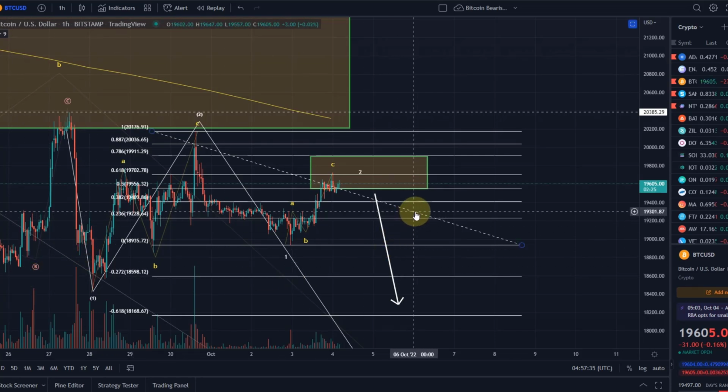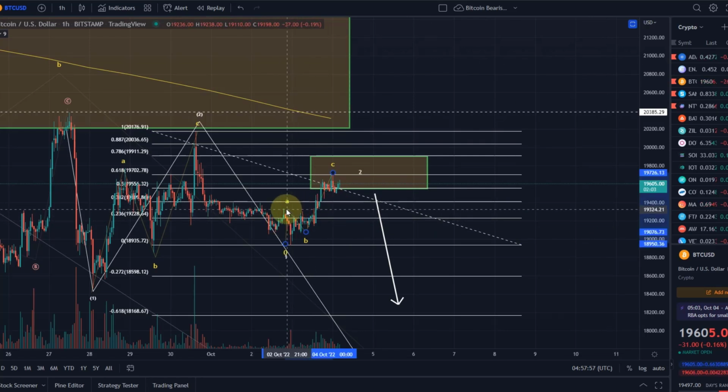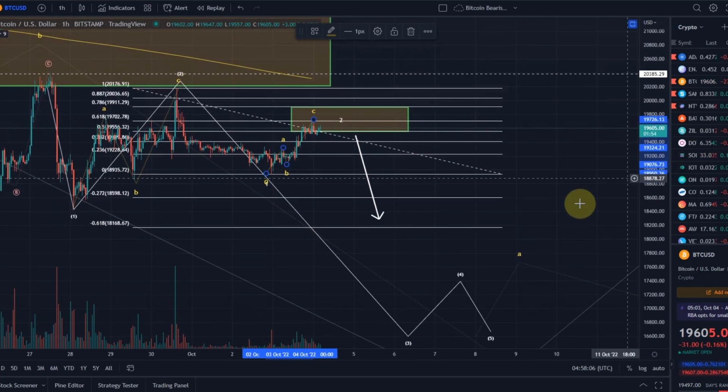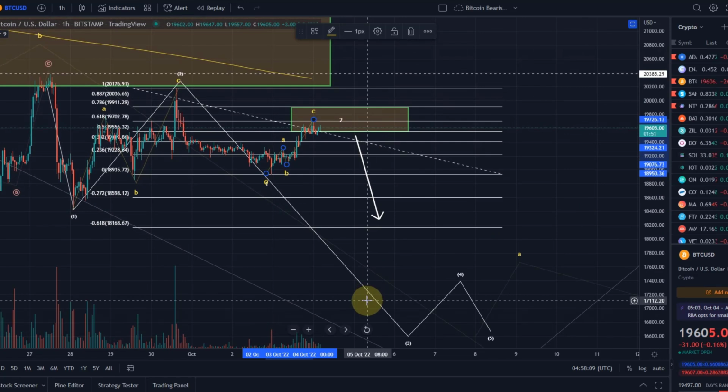Now, if we now break below this level, 19,300, this swing high here of the wave A, it would indicate that wave 3 to the downside has started.